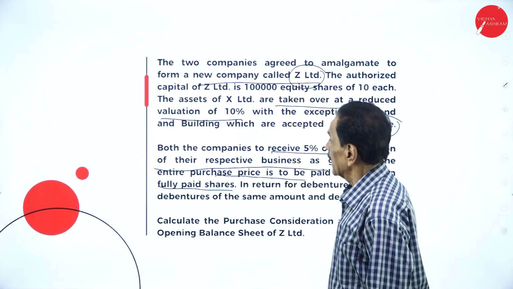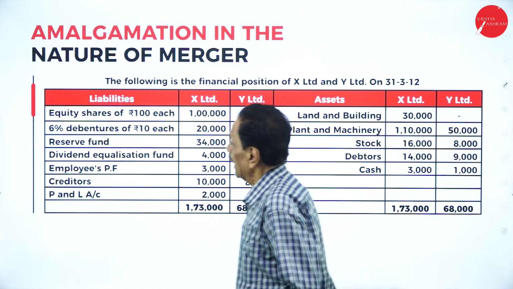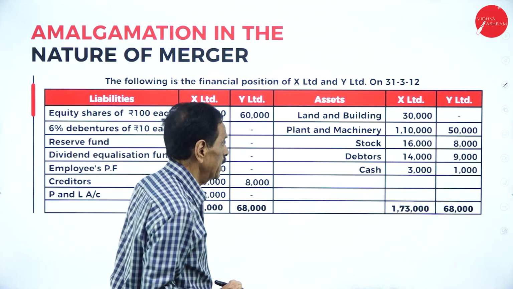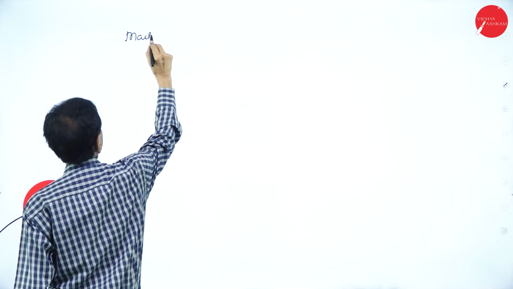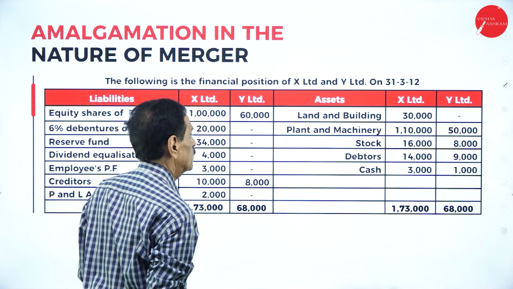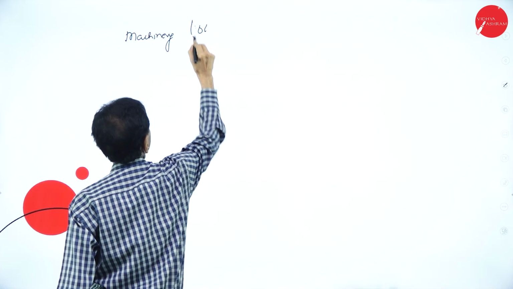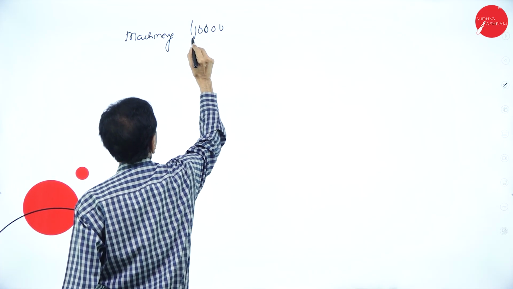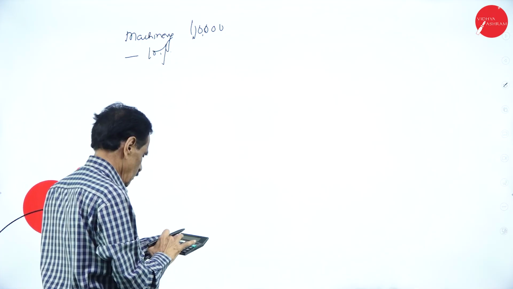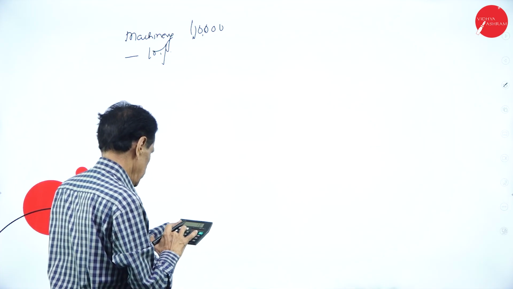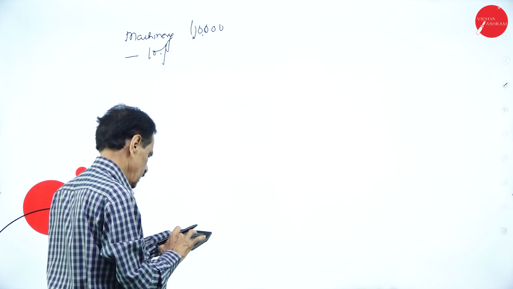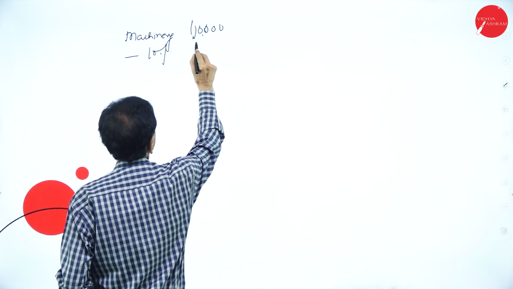Now, they take over the assets and liabilities. See, what is the value of the asset you have got? Land and building remains the same. What is the next one? Plant and machinery. What is the value? 1,10,000, minus 10% less. 10% is 11,000.